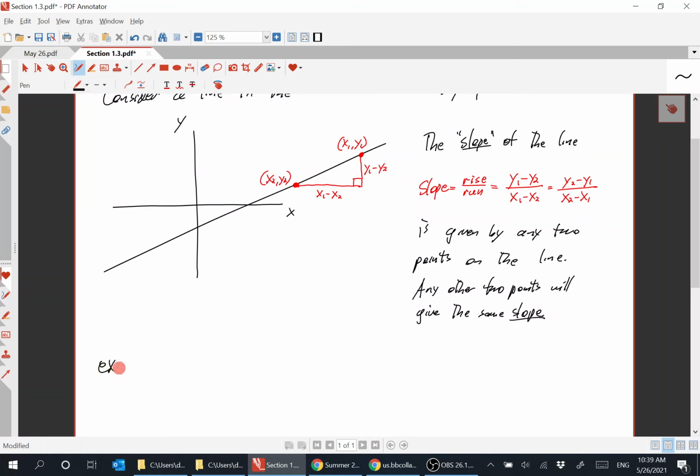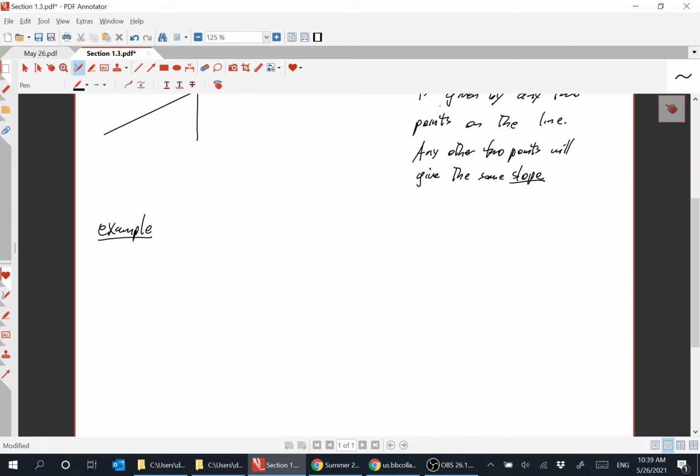So, for example, here's a line. It's got points 1, 2, and points 5, negative 1. What is the slope of this line?